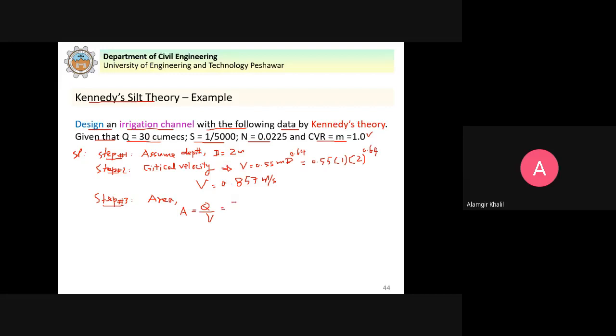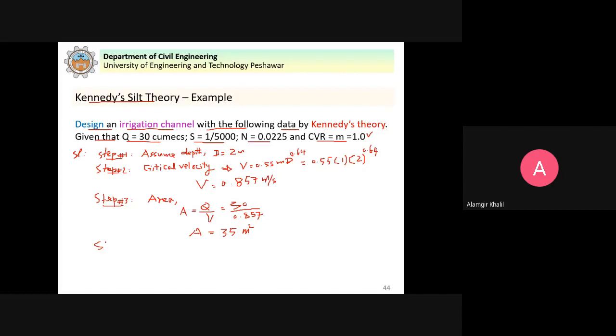The discharge is 30, and the velocity is 0.857. So area comes out to be 35 square meter.